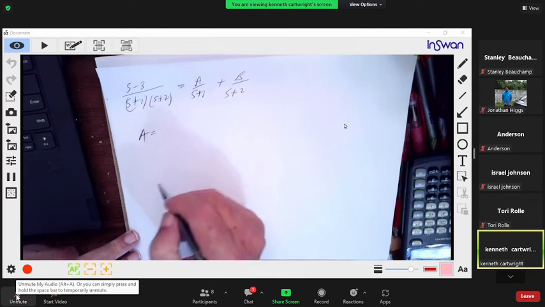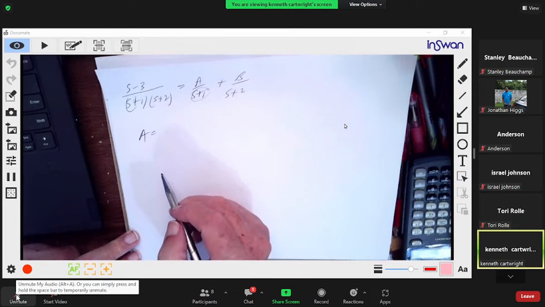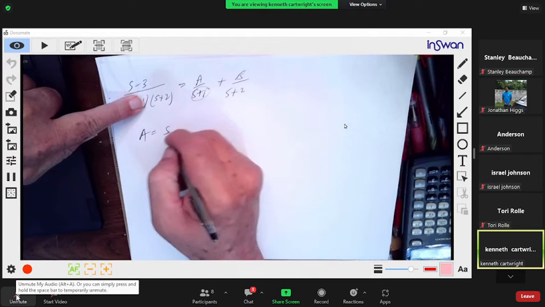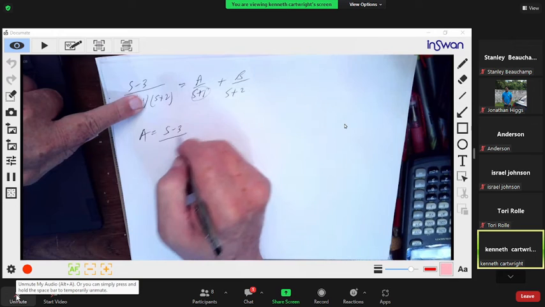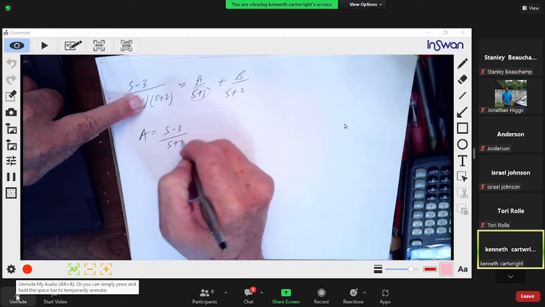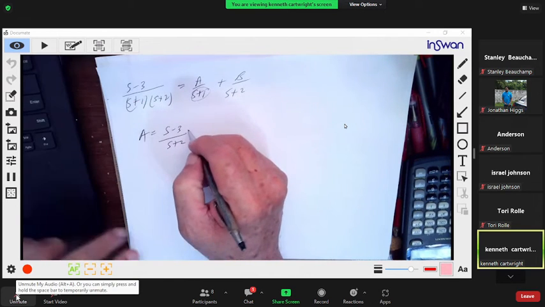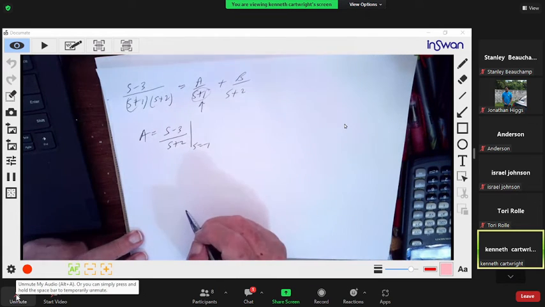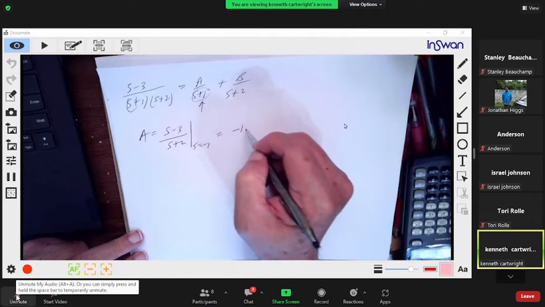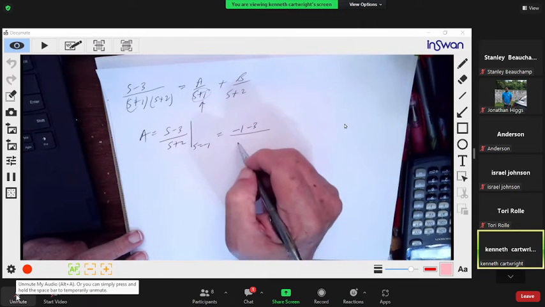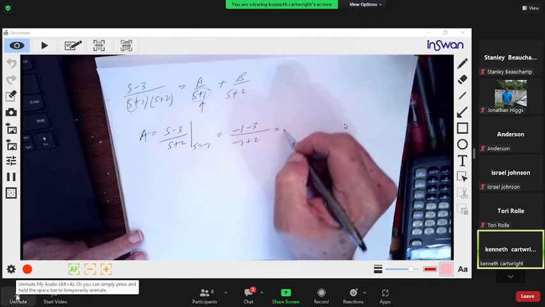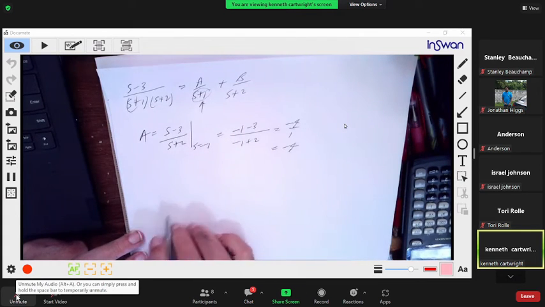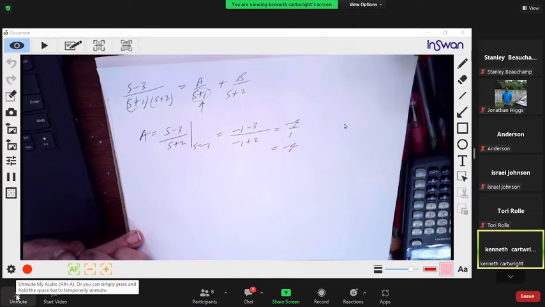A equals, see this is s plus 1? We cover s plus 1. That leaves us with s minus 3 over s plus 2. Then we evaluate at the root of this, s equals negative 1. So it'd be negative 1 minus 3 over negative 1 plus 2, which is negative 4 over 1, which is negative 4, exactly what we got the long way.